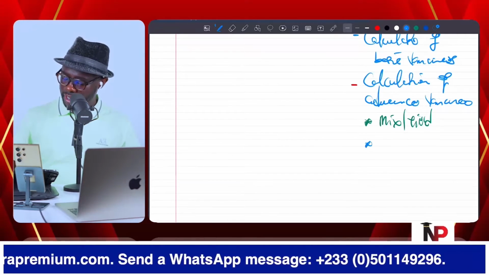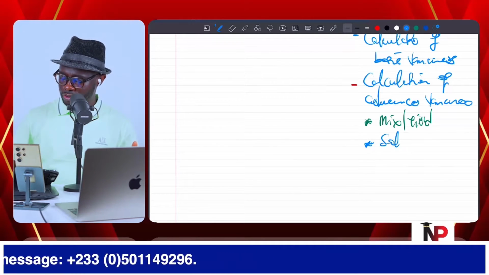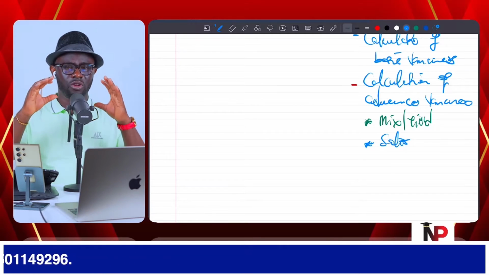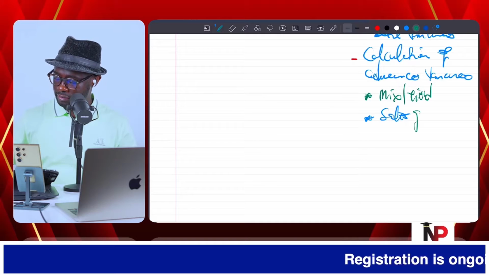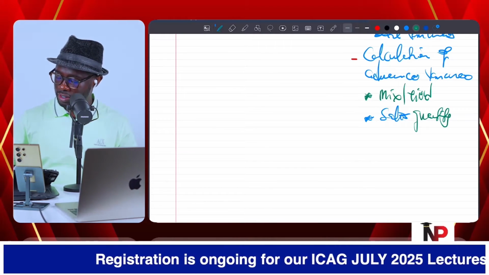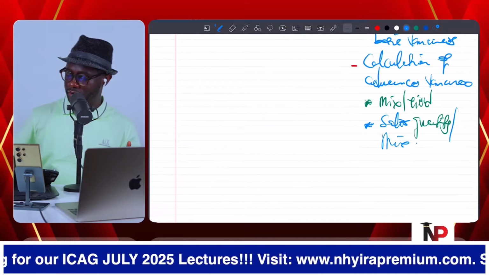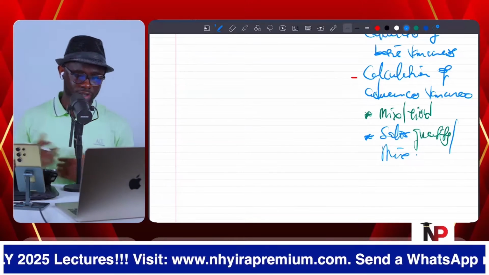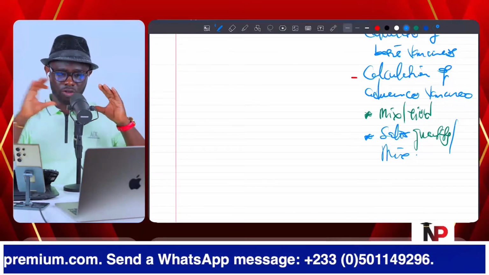Number two is when an entity is selling more than one product, they will be required to split the sales volume variance into the sales quantity and the sales mix variance. So you are just separating the sales volume variance into these two.